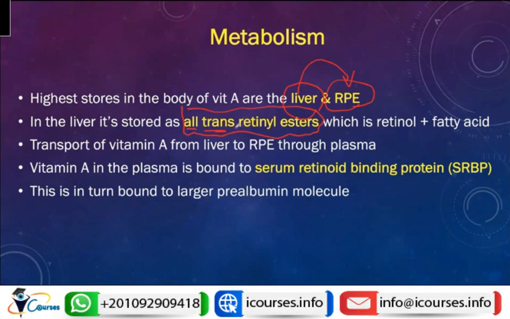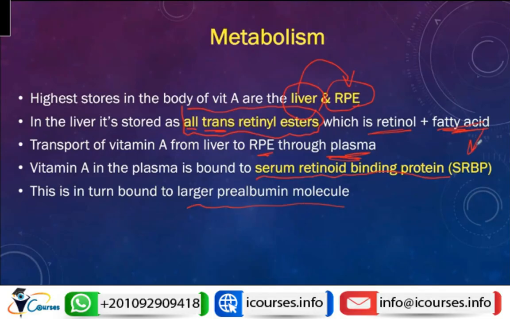All-trans retinyl esters are a form of vitamin A formed by esterification, basically retinol bound with fatty acids. Then, as it is present in this form in the liver, it will be transferred from the liver to the RPE through the plasma. In the plasma, it will be bound to a plasma protein called serum retinol binding protein, and this will in turn be bound to a larger prealbumin molecule.